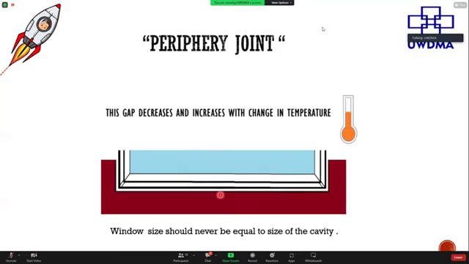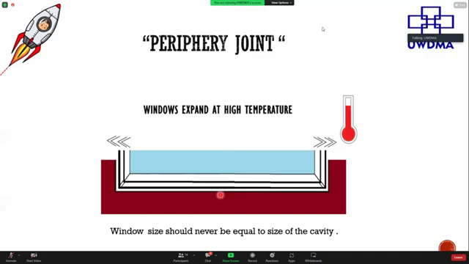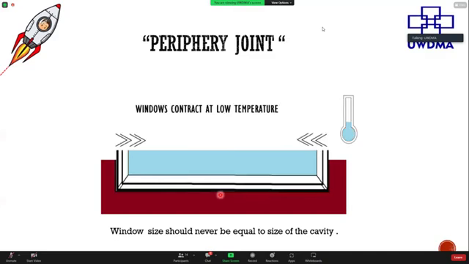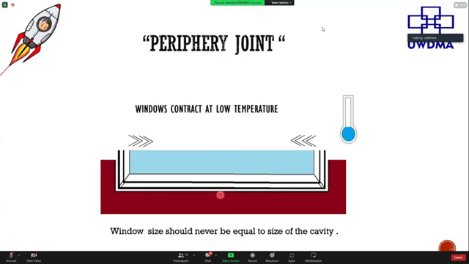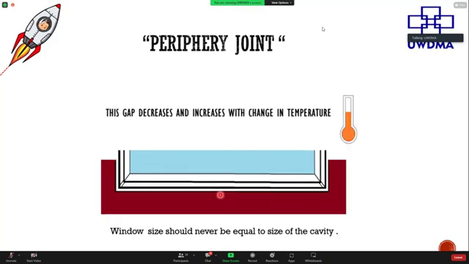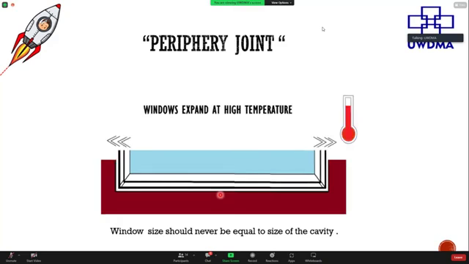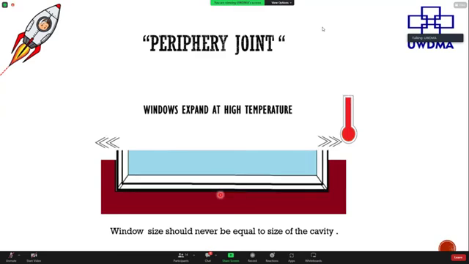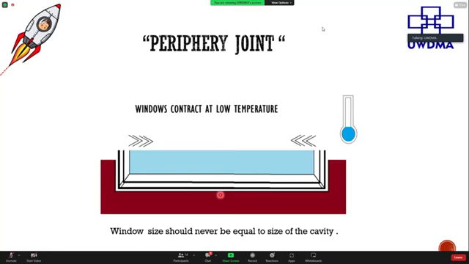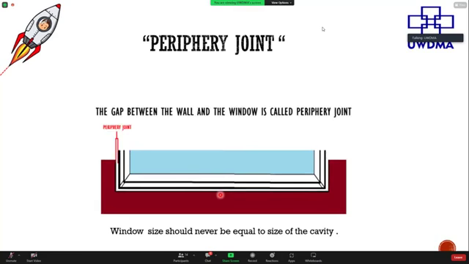Imagine also that your window is not going to expand or contract, and you have made the window exactly the size of the cavity, and somehow you fix that exact-sized window in your cavity. Then what will happen? From where you are looking, it looks perfectly fine. There is no gap between the wall and the window. But there is a very minute gap between the wall and the window.